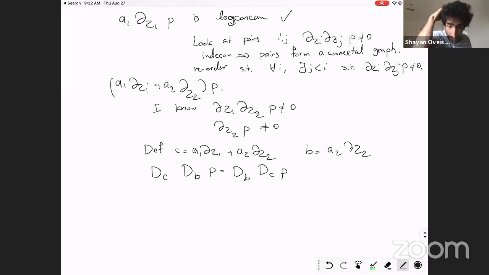Wait, I confused myself. These two are the same because you can reorder the differential operators.